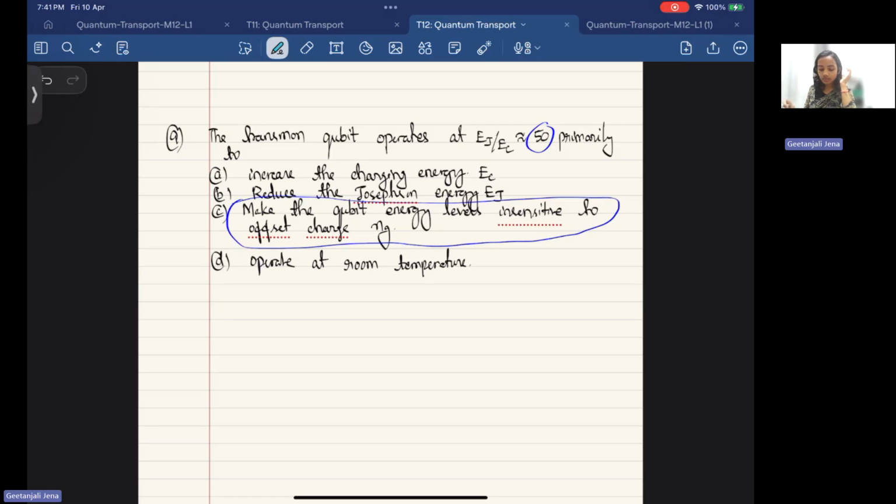We have seen one graph where we vary EJ by EC from 1 to 5, then to 10, 50. And we can see that the oscillator behavior can be minimized and completely removed by using EJ by EC of 50. This is just to improve the coherence. So the main concept here was to increase the coherence.